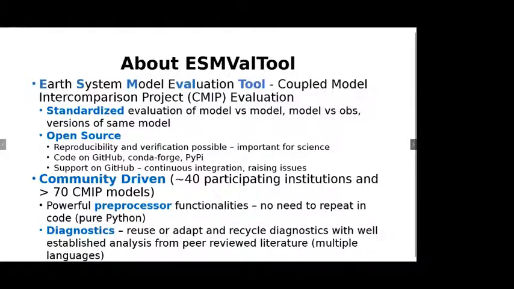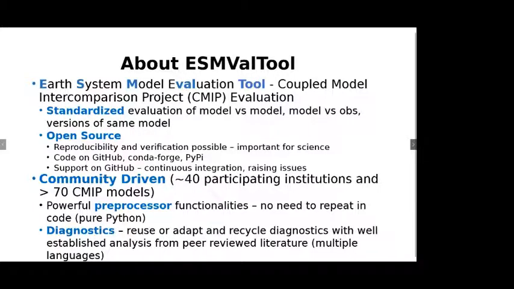So it's got a pretty wide data coverage and institutional collaborators coverage. We obviously need you to come over and be one of the developers, because this is how the tool grows, by writing your diagnostic and contributing to the pool of diagnostics in ESMValTool.